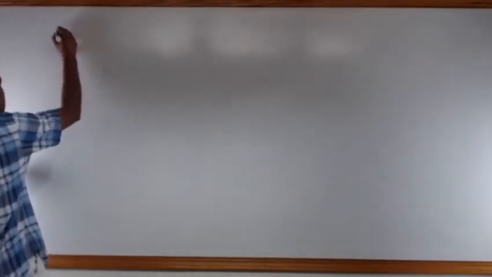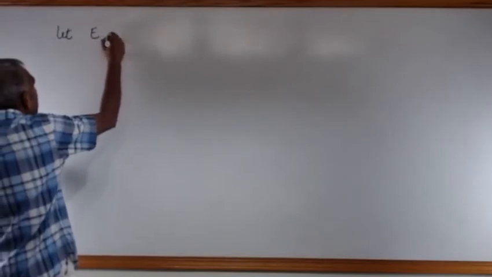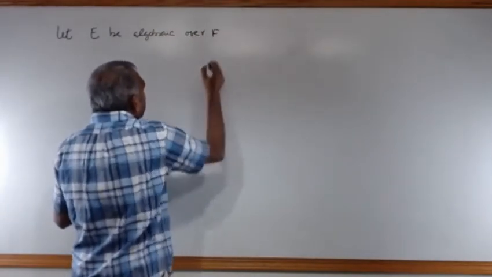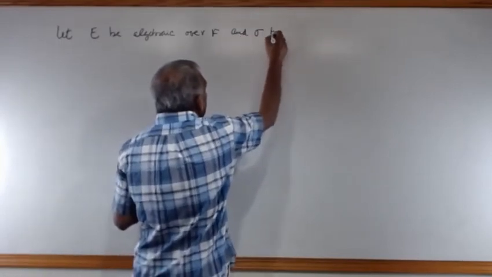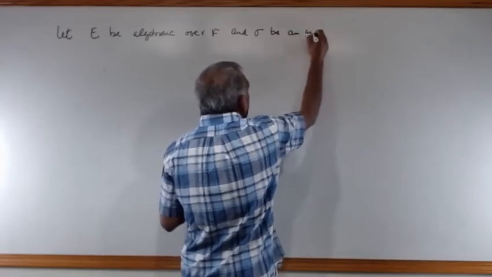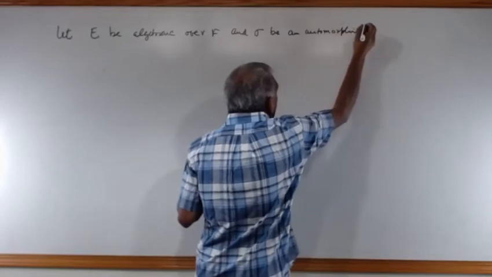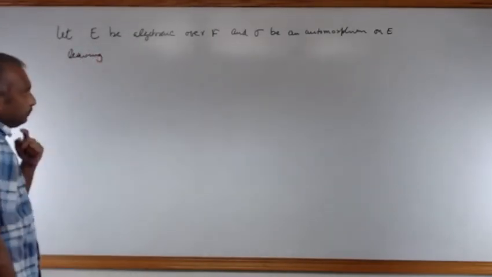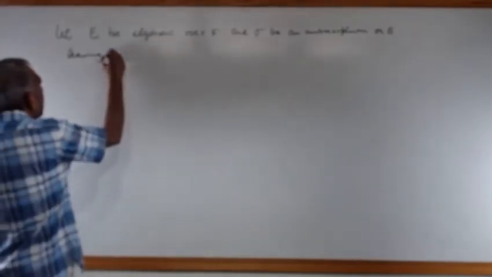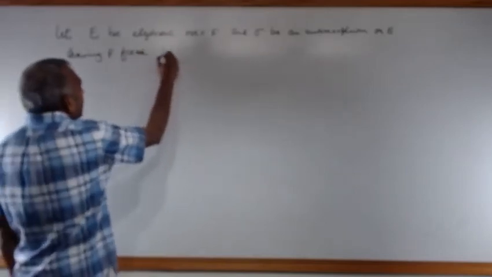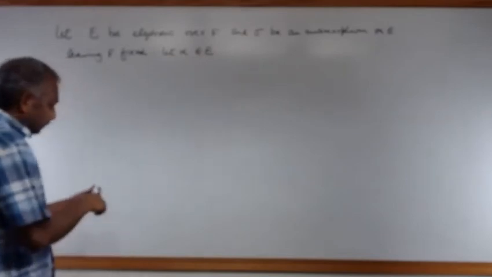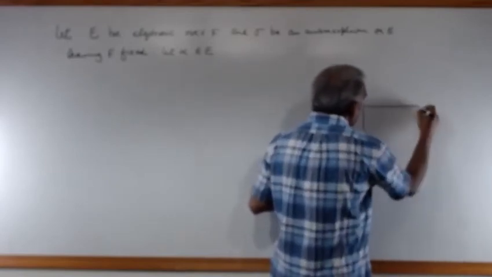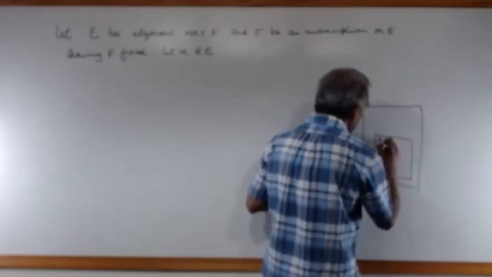Now we'll do another one. Let E be algebraic over F, and sigma be an automorphism on E leaving F fixed, and let alpha belong to E. The example is going to be Q and Q root 2.